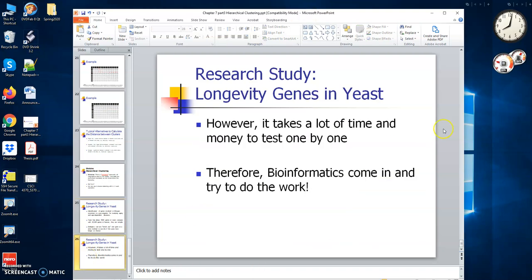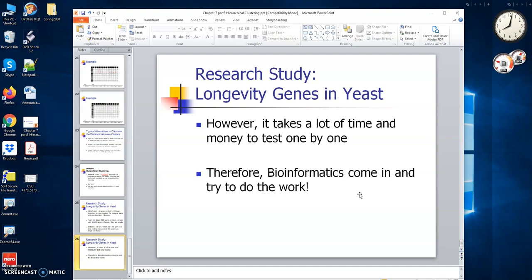And of course, when we try to knock out genes one by one, it's very time consuming. It's actually pretty difficult to look into all of those 5,000 genes and do 5,000 experiments to identify each gene. The current research suggests that about 10% of the genes are related to longevity.